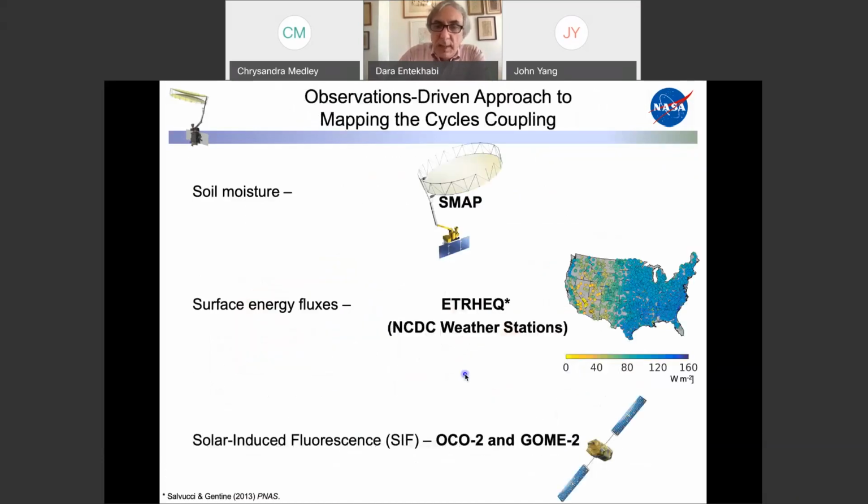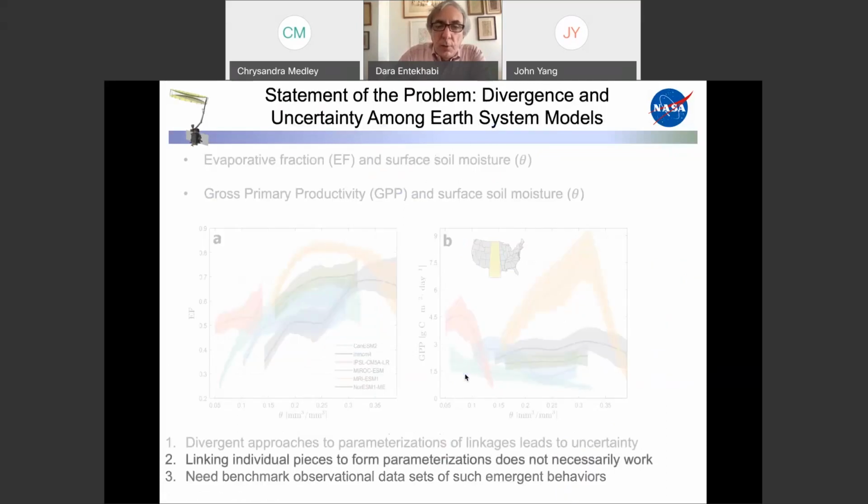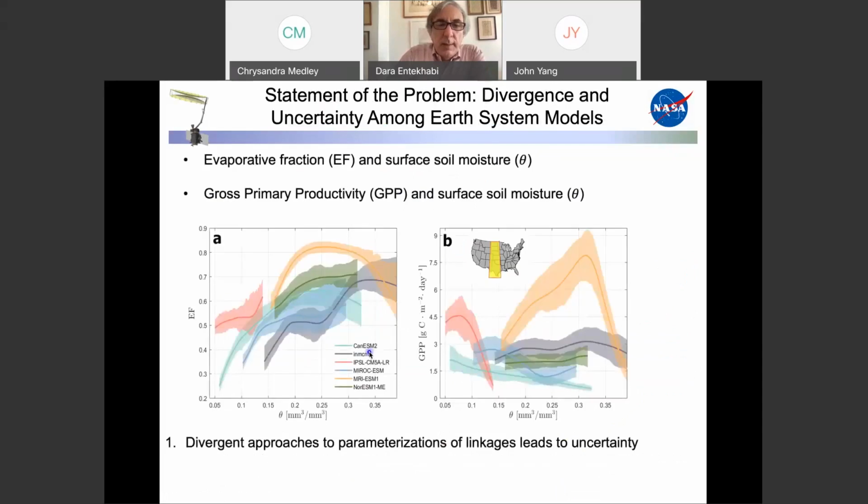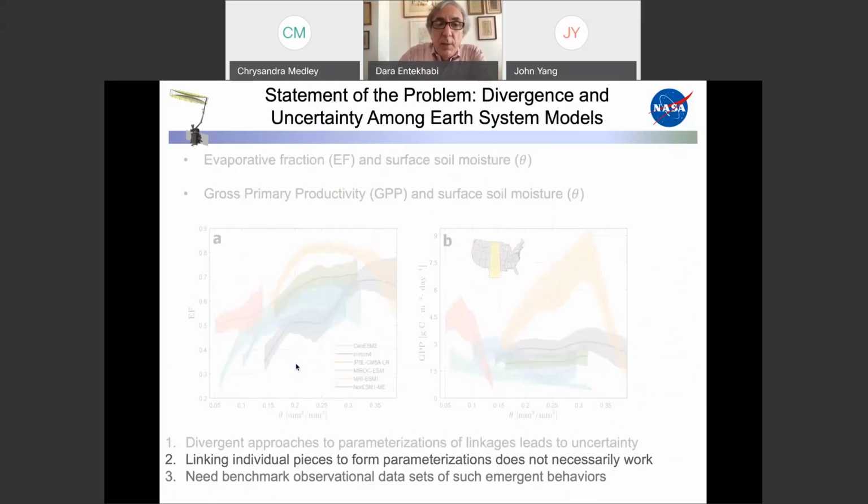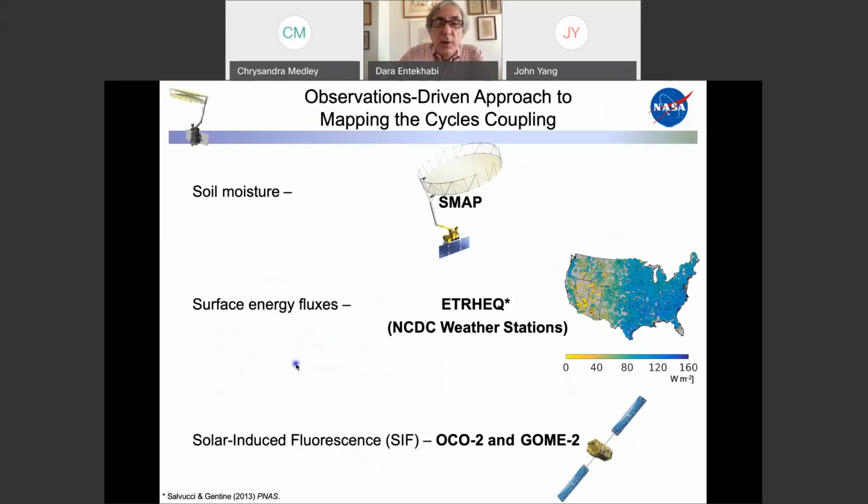So what we need to do is to come up with a benchmark data set, to have evaporative fraction observed and soil moisture observed from independent sources so that we can create a benchmark data set. And same thing here. So we have to have the X and the Y axis independently observed and not part of any model or simulation system. So the approach for the X axis, soil moisture, is to use SMAP.